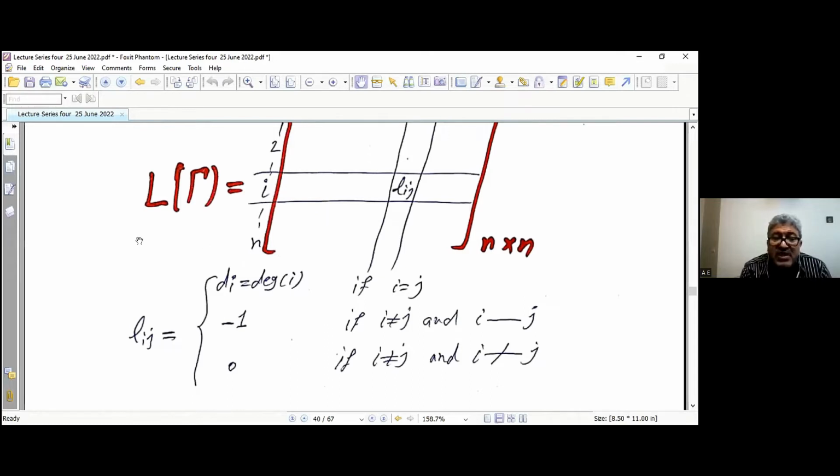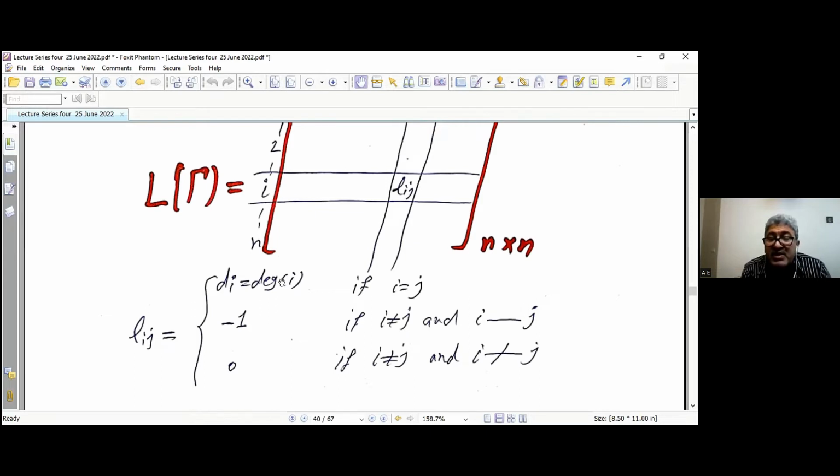Now look at row i and column j. For the entry Lij, we have three cases. If i is equal to j, meaning on the diagonal, then Lii is the degree of vertex i.